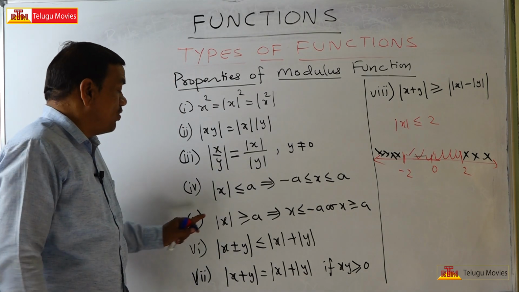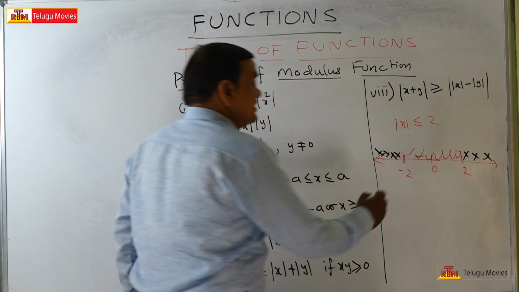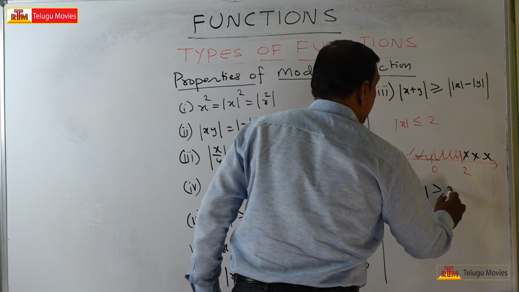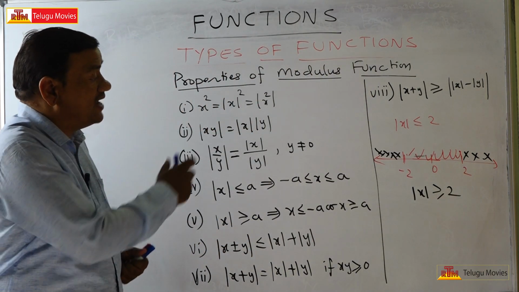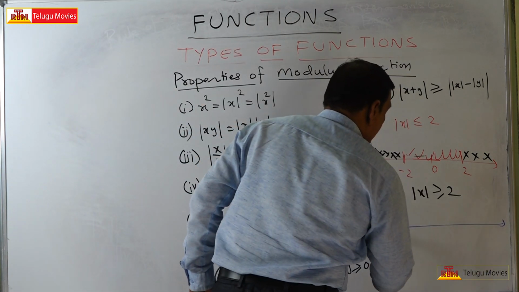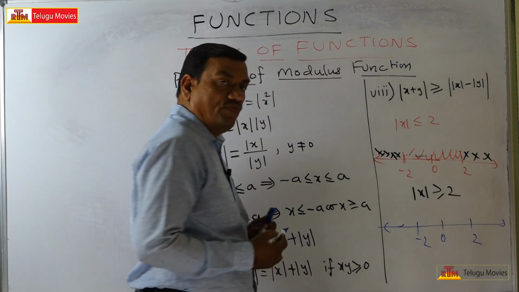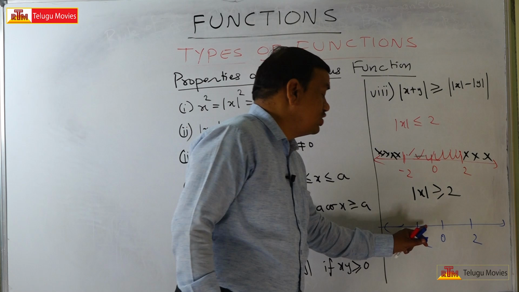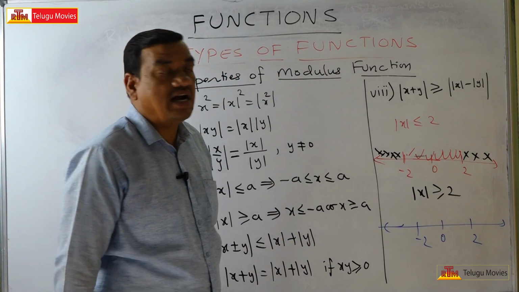Now, coming to modulus of x greater than or equal to 2. For example, what x values do you have to take to make that inequation right? See here, this is 0, this is 2 and this is minus 2. If you observe clearly, if you take the values from minus 2 to plus 2, this inequation cannot be satisfied.